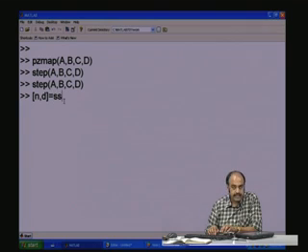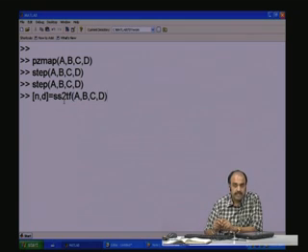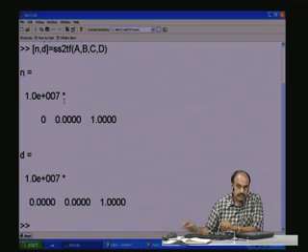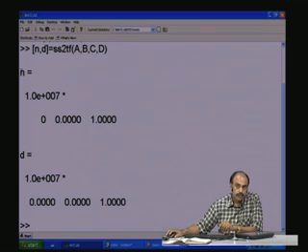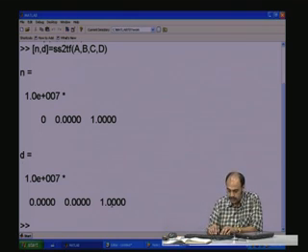Let us use the SS to transfer function, and we want to get the transfer function of A, B, C, D, the system which is the RLC circuit. So, this results in a numerator polynomial and a denominator polynomial. Let us try to present this in a more friendly fashion.